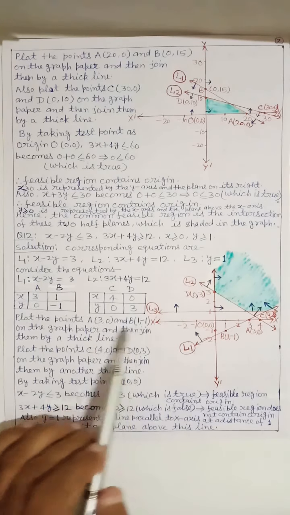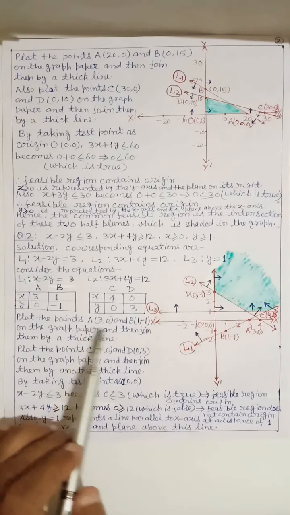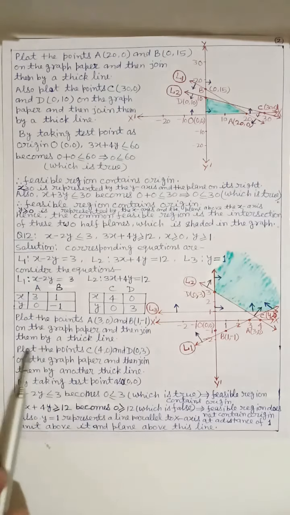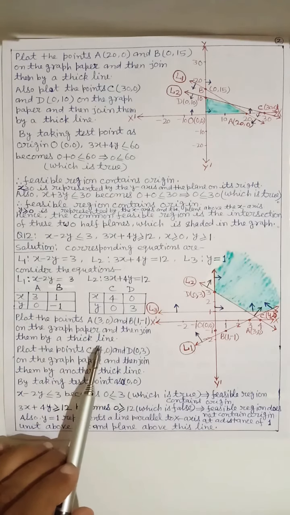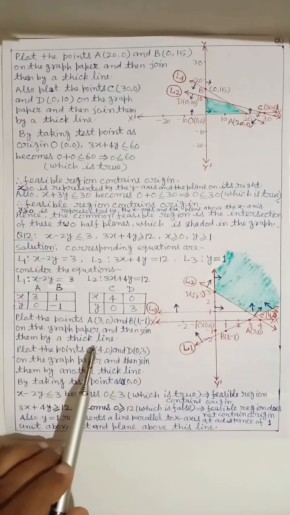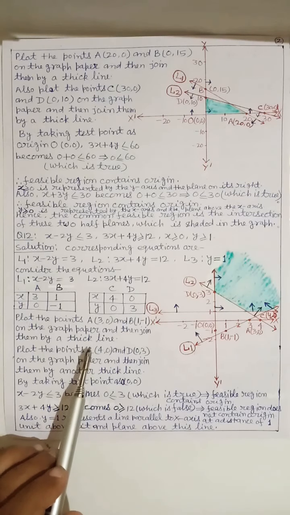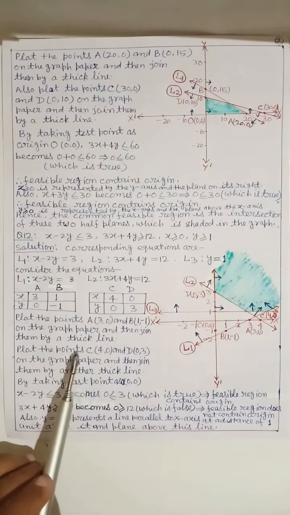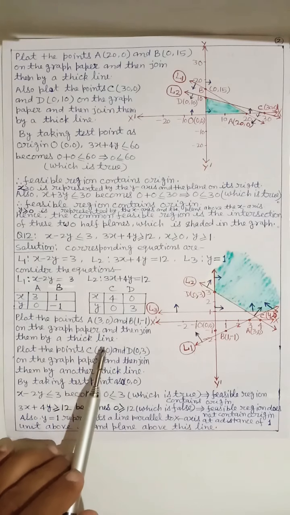Here these are the coordinates of the points A and B on the graph paper, and then join them by a thick line. Already we have discussed how to draw a thick line or dotted line. For less than or equal to or greater than or equal to, we draw a thick line or dark line.